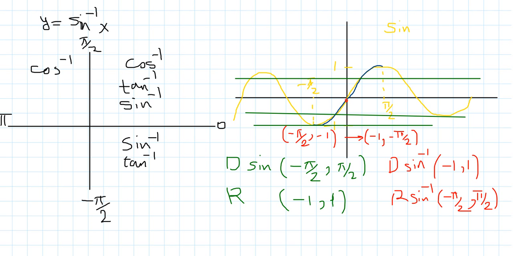Here is 0 and 0, nothing. And here on sine it was pi/2 and 1. Now in sine inverse it will be 1 and pi over 2. Let's go draw the graph of sine inverse.